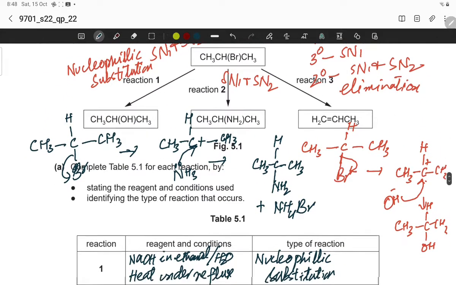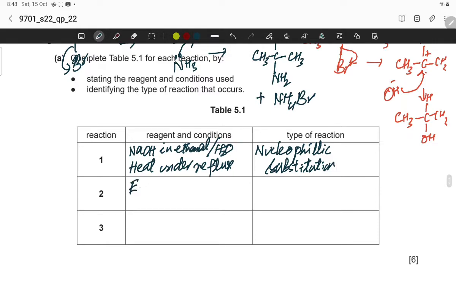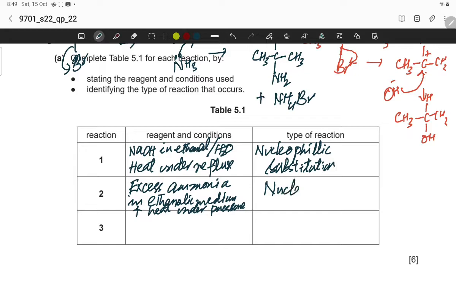And in the second reaction, excess ammonia in ethanolic medium, plus heat, heat under pressure, and the reaction is nucleophilic substitution.